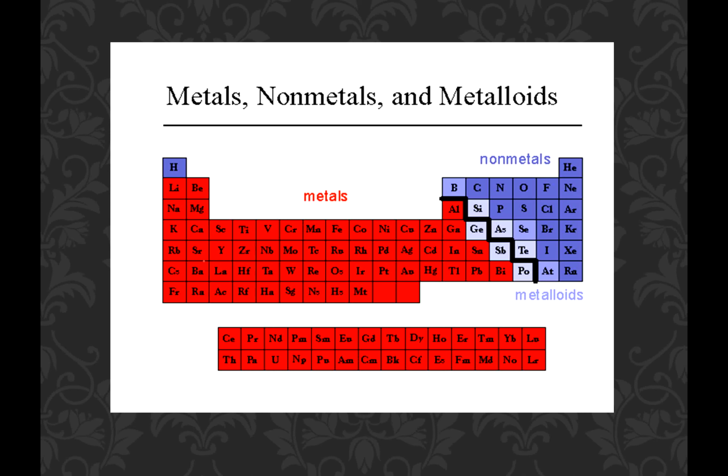You can see here the ones highlighted in red are metals. The ones which are dark purple are non-metals, and you can see there is a zigzag line. Those are the metalloids, meaning they show both properties, of metals and non-metals. But we have to first understand how we can distinguish between metals and non-metals.